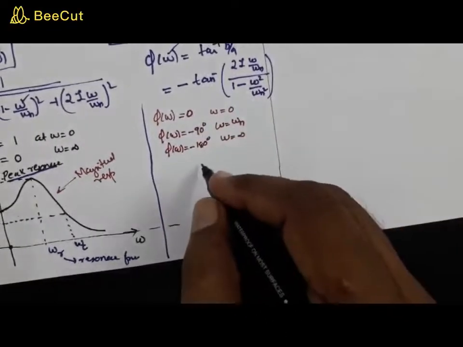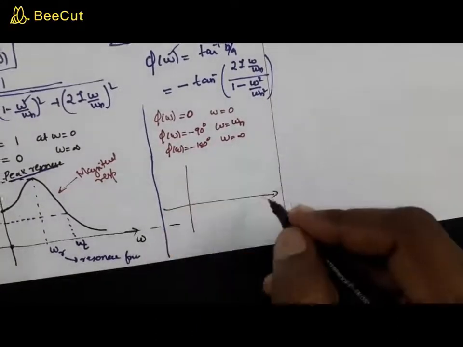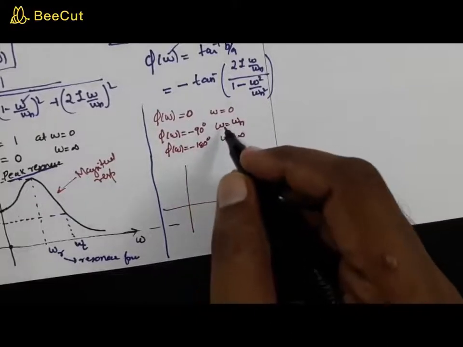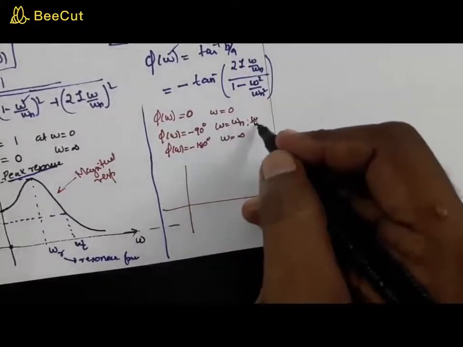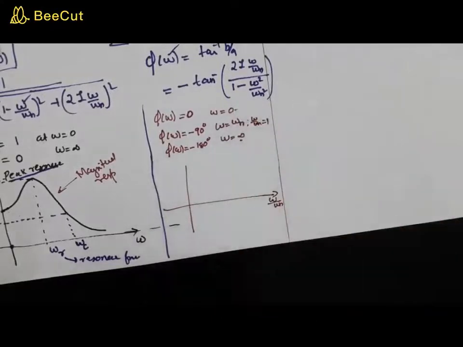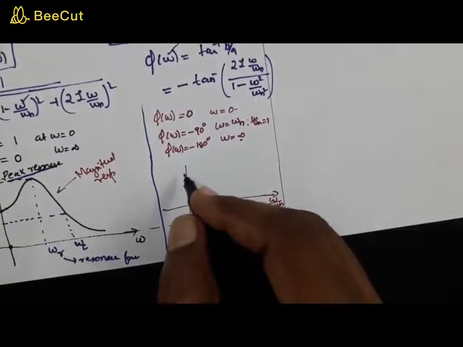Now you can have omega by omega n: in this case omega by omega n is equal to 1, and at infinity, omega by omega n is 0. As you try to plot this, you will get a graph like this.